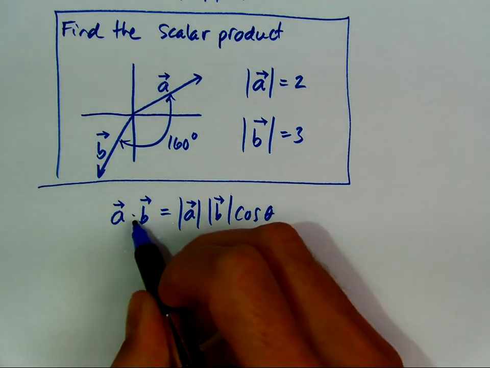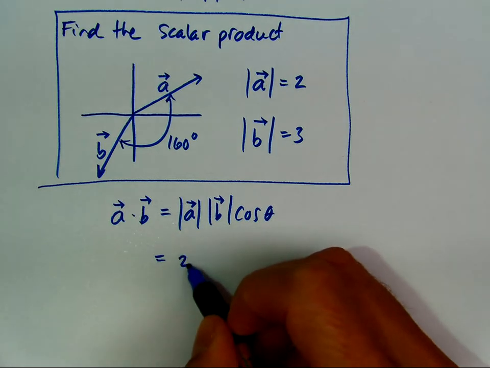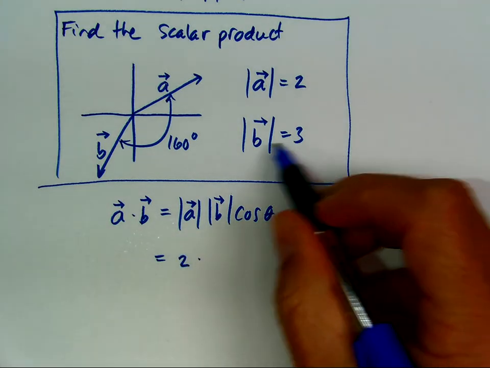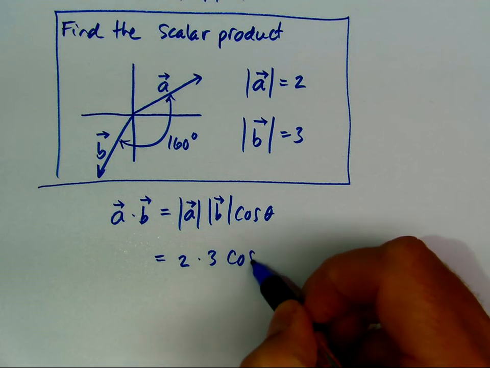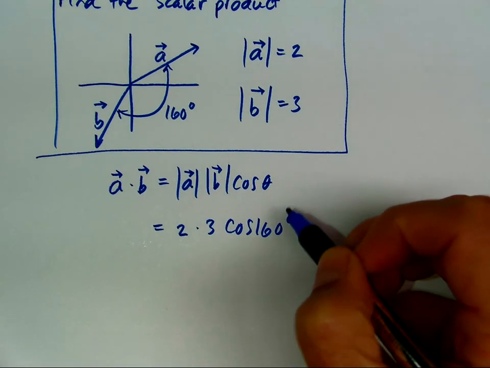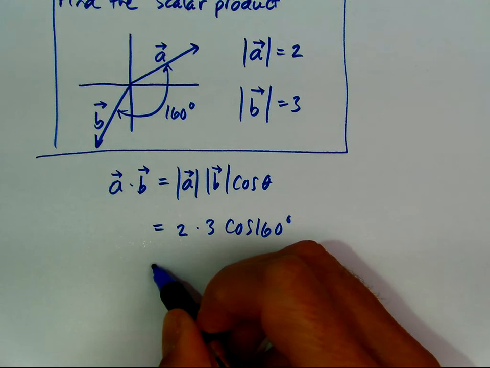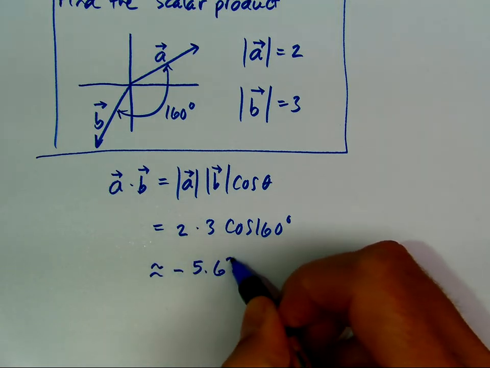So the question is asking for the value of this, and we just have to substitute for the magnitude of b, and then do cosine of 160. When we multiply all of that, it's approximately negative 5.638.